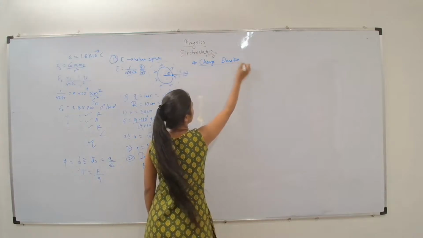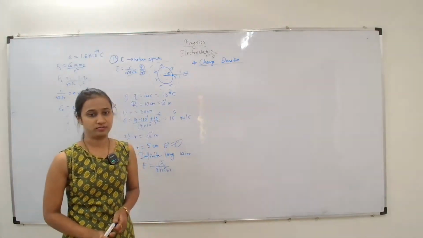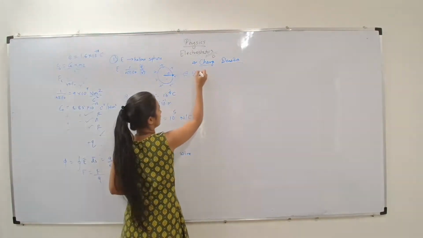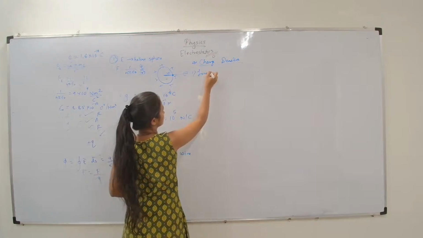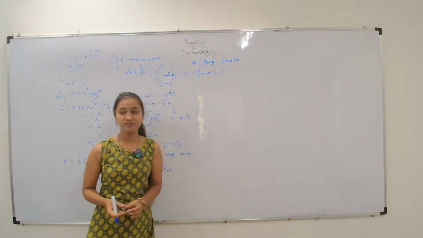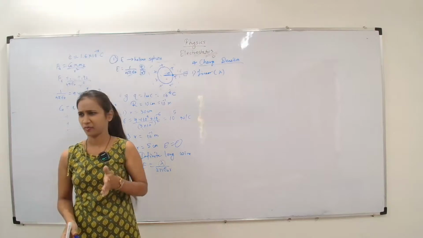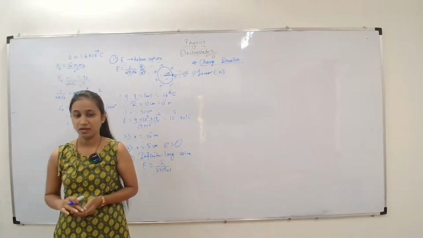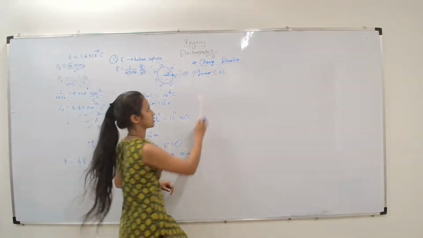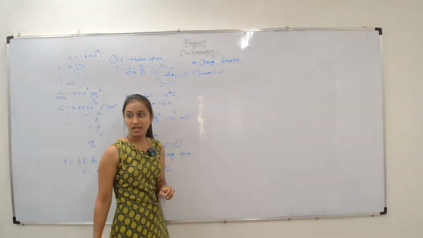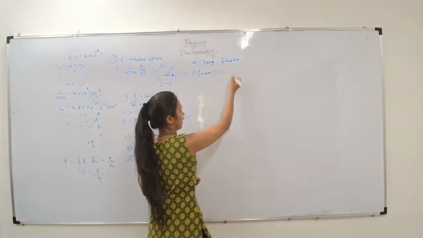It is the last topic in the 11th standard textbook. First, linear charge density is given by lambda. If charges are placed on a straight line or any one dimensional material, linear charge density is denoted by lambda.